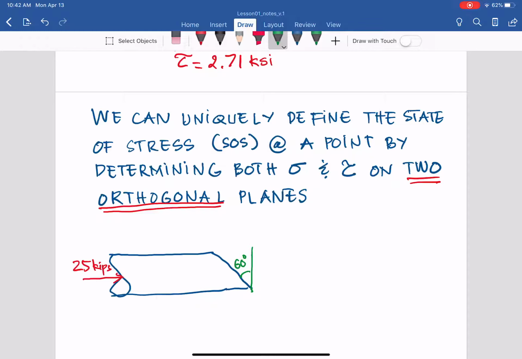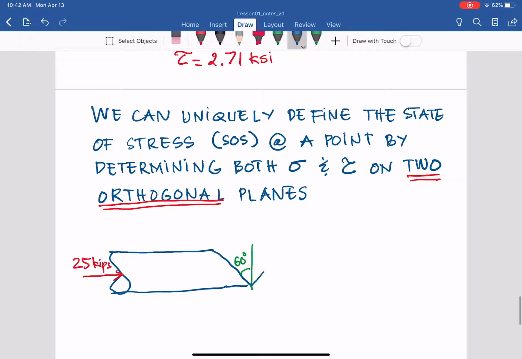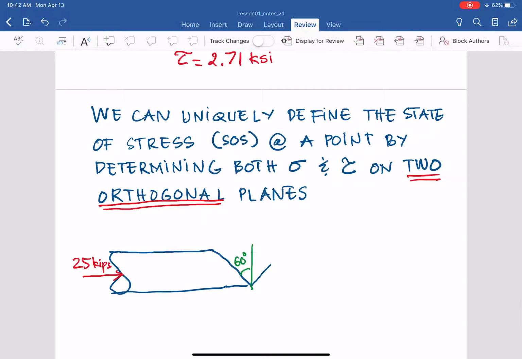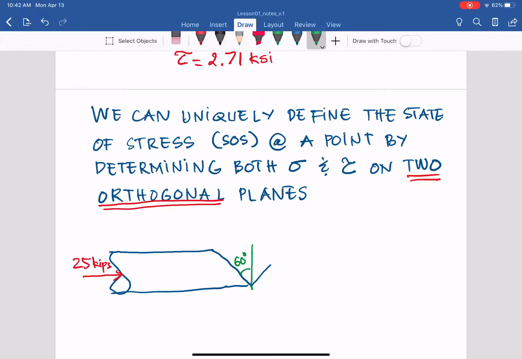Why is that? If I show that one here, 30 degrees there, then as you can see, it will be orthogonal here, perpendicular. From that, we can determine the sigma and tau in that cut. What is the sigma here, and what is the tau in that scenario?